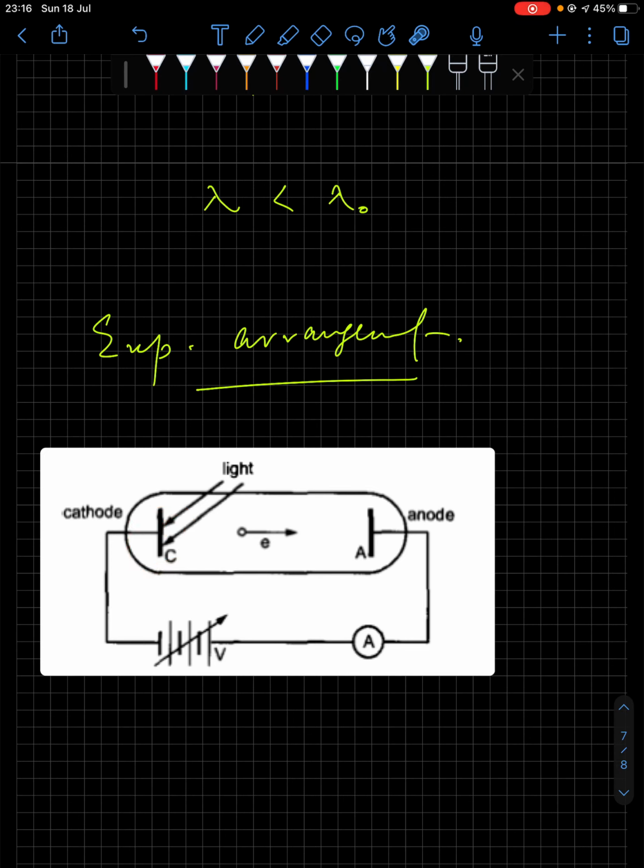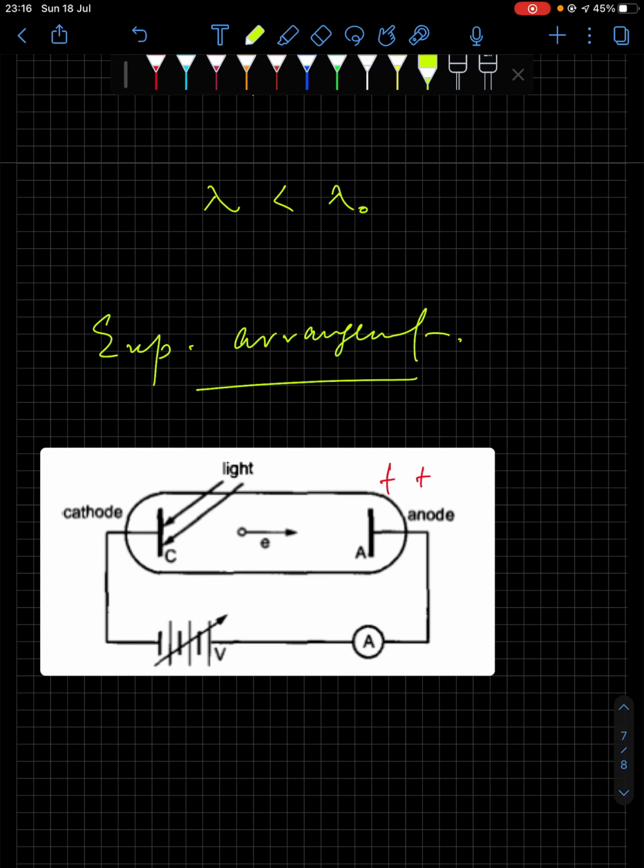Even when you do not connect a battery, the electrons which come out are collected by the anode, because it is already electron deficient. Now if you apply positive charges here, the same electrons will be accelerated, they'll run faster, because positive will attract the electrons.